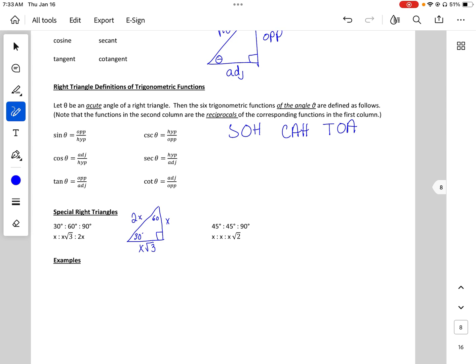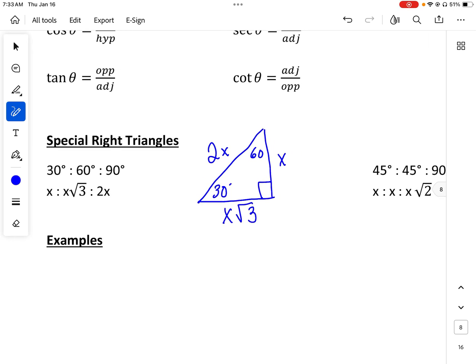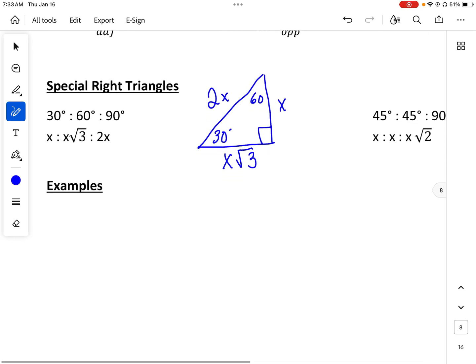So let's say that we are asked for the short leg, which is the x. I'm going to draw an example. So this is my 30, this is my 60. Let's say we're given 2.